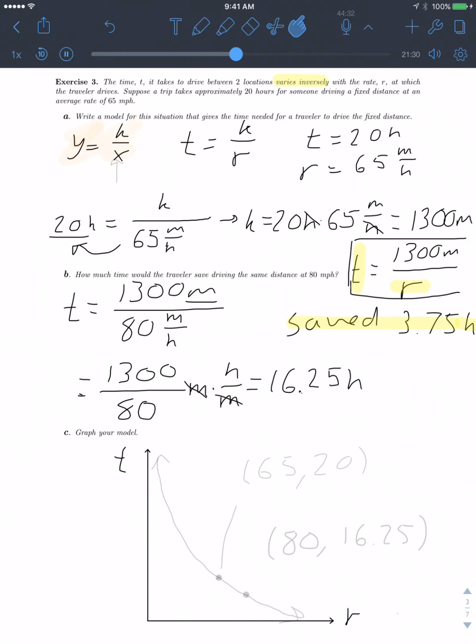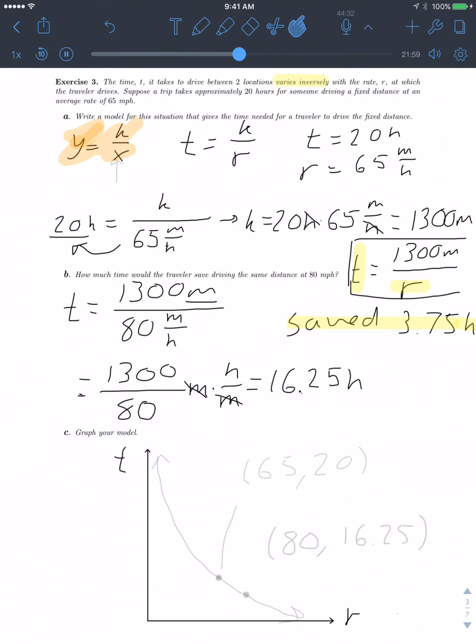Now, if I went back and thought of this equation in terms of the original definition, where we have y equals k over x, this has the overall structure of a rational function. This looks like y equals 1 over x, or y equals 2 over x. And we know exactly how to graph that kind of thing.